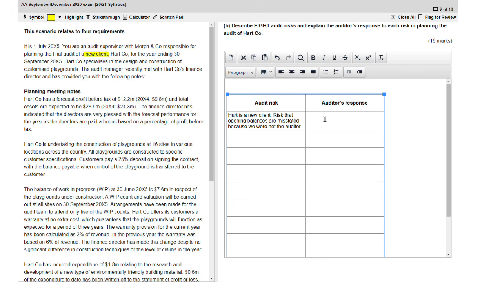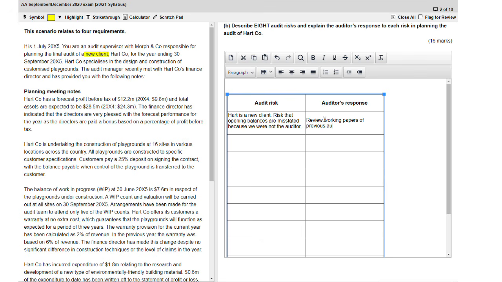That would get credit. Out of interest, those procedures would often be analytical procedures. If you've forgotten what those are, we'll meet them a bit later. But I'll just pop on the right-hand side. As a response, we need to review the working papers of the previous auditor.